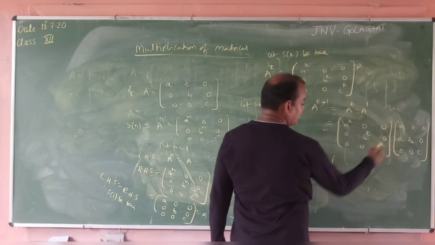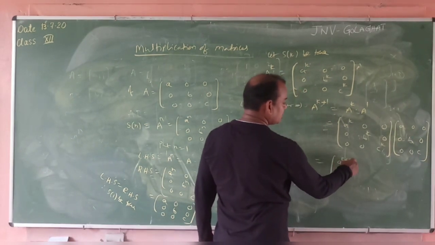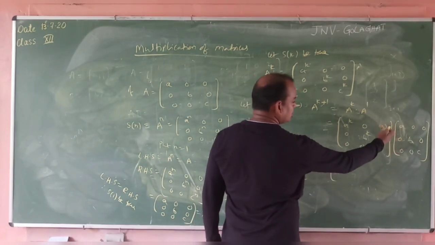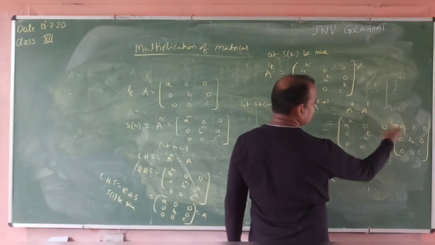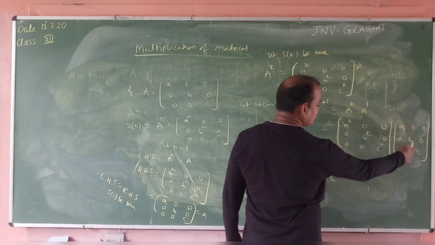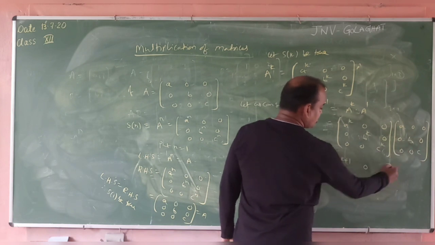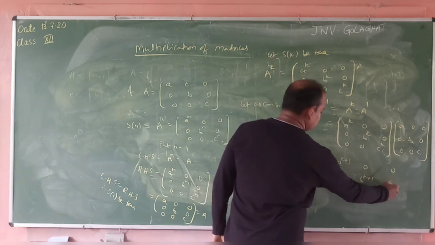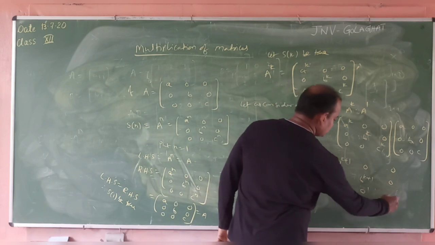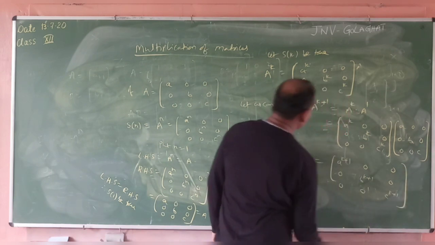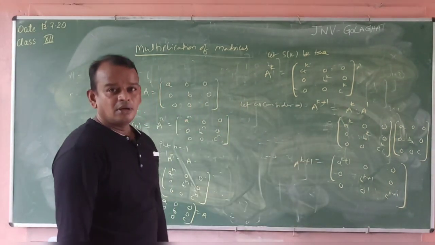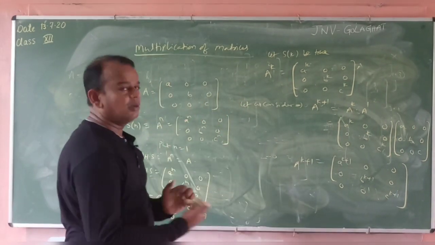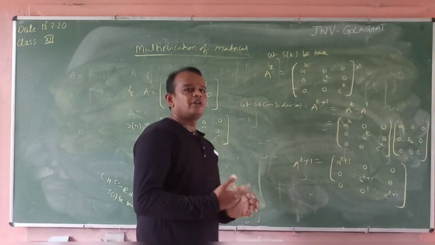A power k into A gives A power k plus 1, A power k into 0, 0 into 0, 0 into 0 is 0, enough. Next, A power k into 0, 0 into 0, 0 into 0 is 0. This is the multiplication. This is A power k plus 1, which means in that problem, instead of n we write k plus 1.